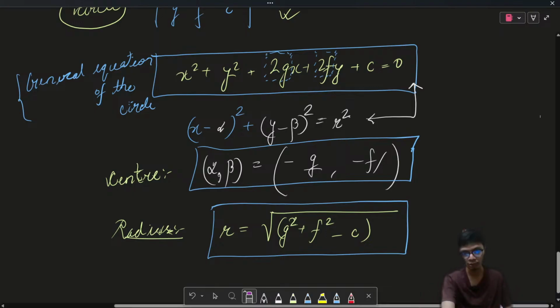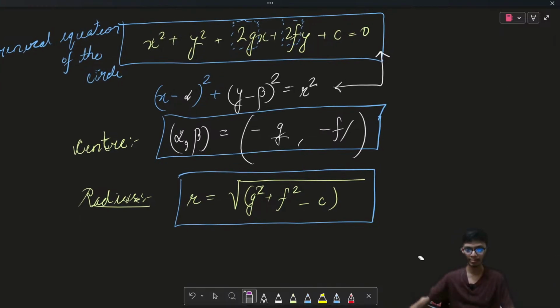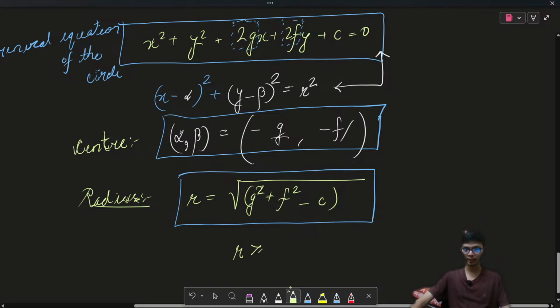Now also an important thing to note over here is that in order for this particular circle to be a real circle, since the radius involves a square root term over here, right? So in order for the circle to be a real, existing circle, the radius should be greater than or equal to 0, right?